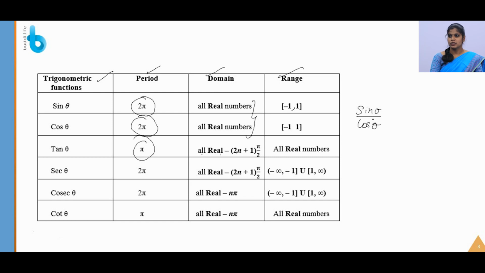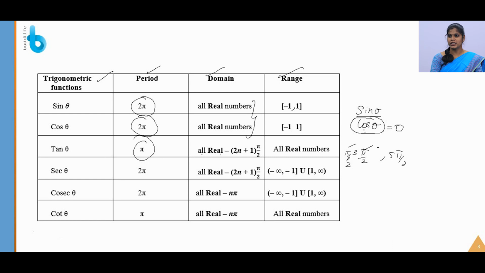Since we have the cos value in the denominator, we don't want the cos value to become 0. (2n plus 1) pi by 2 gives the odd multiples of pi by 2, that is pi by 2, 3 pi by 2, 5 pi by 2.